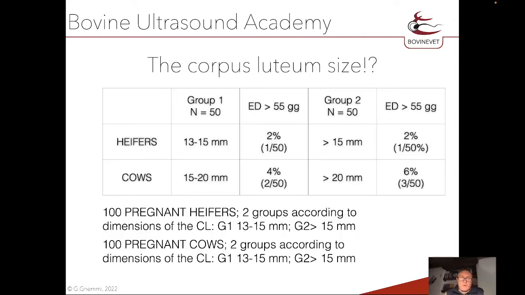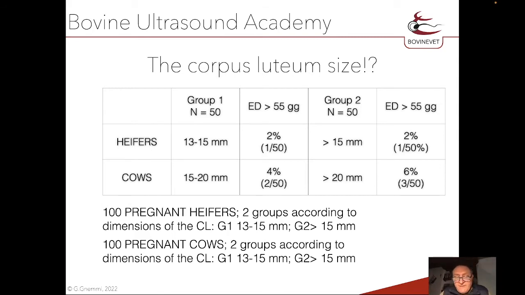Well, the size of the corpus luteum is a subject that has always fascinated sonographers and technicians involved in bovine reproduction in general. Most of those who work in bovine reproduction see that a large corpus luteum produces a large amount of progesterone, while vice versa for a small corpus luteum. Unfortunately, it is not so simple. The size, the diameter of the corpus luteum does not always reflect the production of the progesterone.